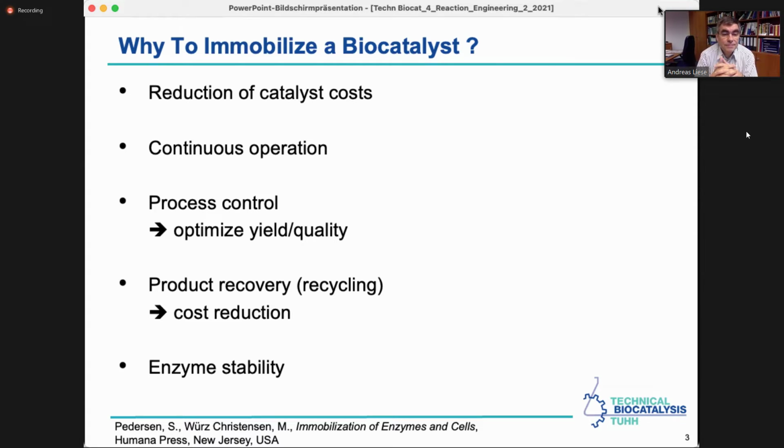And enzyme stability: in many cases we observed increased enzyme stability if we heterogenize any biocatalyst.